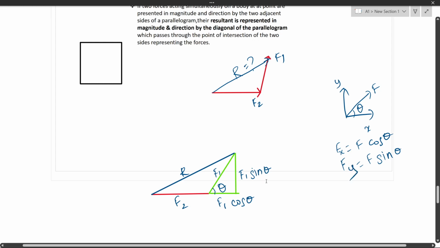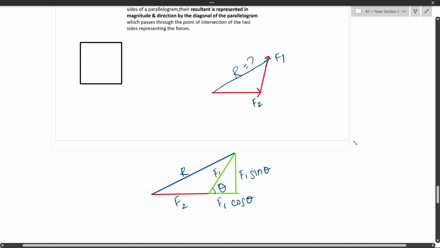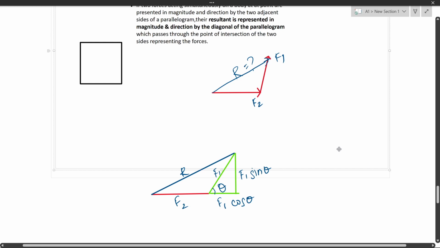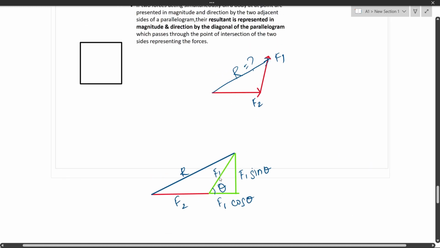So that is what I'm rewriting here. I can remove these things. So this F1 has two components, F1 sin theta and F1 cos theta.